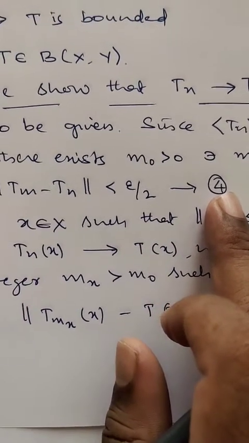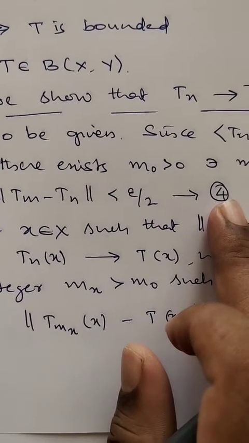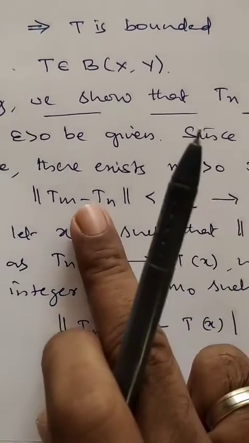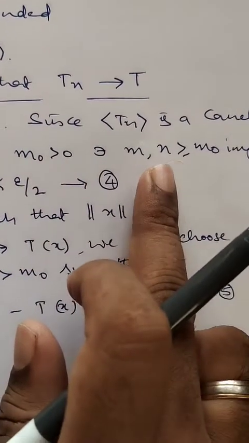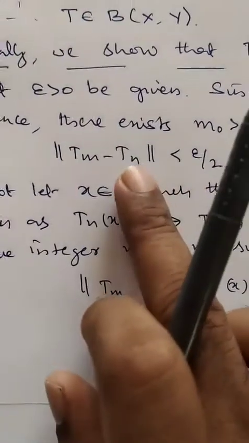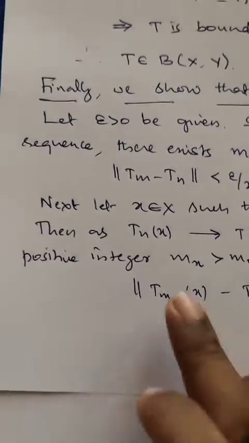In condition 1 also I took norm of Tm minus Tn tends to 0 as m tends to infinity. So the same thing can be redefined as: there exists some constant m naught such that m, n greater than or equal to m naught imply norm of Tm minus Tn is less than epsilon by 2. You call this number 4.